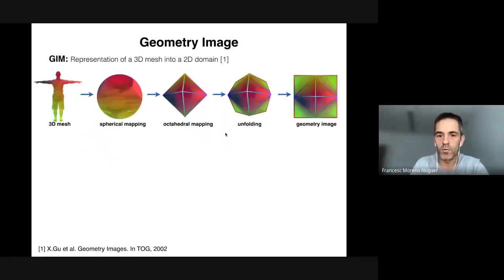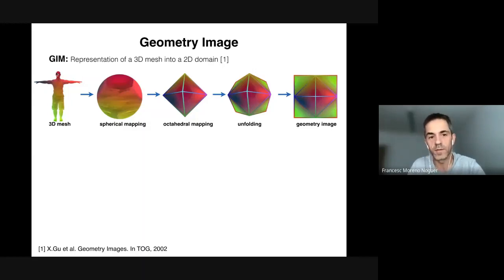So what we proposed in this work was to use what is called the geometry image. This is a concept that goes back to Gu et al. in 2002, which basically tries to do this: given a 3D mesh, it maps this 3D mesh to a 2D domain, right? It does it with several steps.